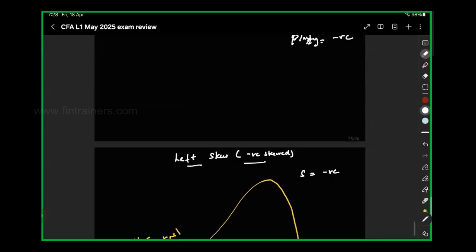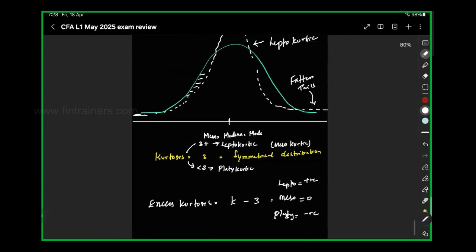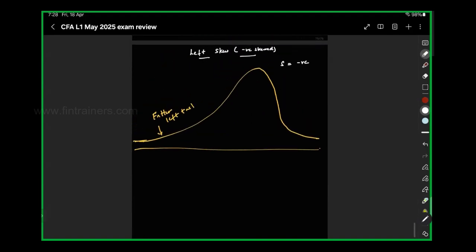We said for the normal distribution, skewness is 0, symmetrical, where mean is equal to median is equal to mode. But in the case of left skew, it has shifted. When you think about the market, if this is the center 0, most of the time we are going to have some small positive returns.